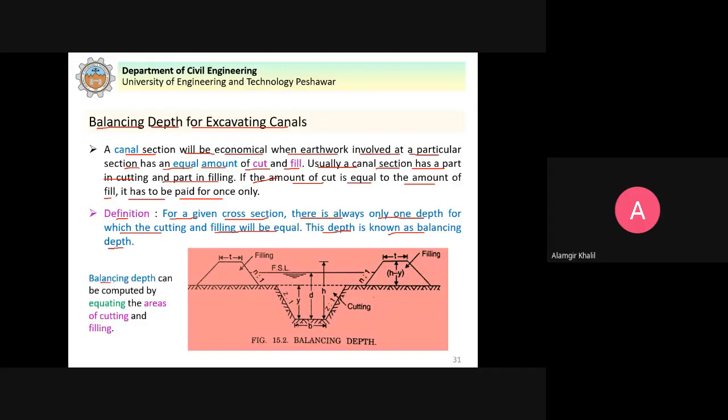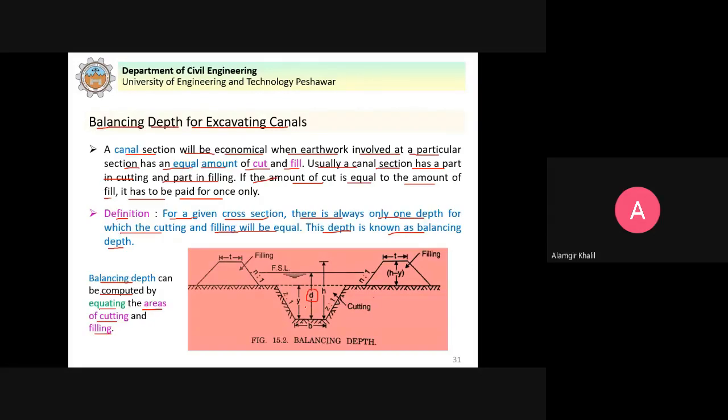This balancing depth can be computed by equating the areas of cutting and filling. If we can calculate the area of cut and fill for this section, we can estimate the balancing depth.